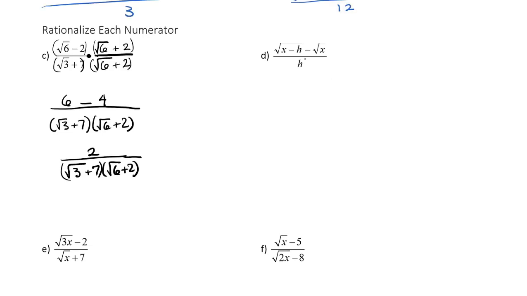Let's look at D. We have root x minus h minus root x all over h. This will come up in your next class, probably very quickly. So we have root x minus h minus root x, so our conjugate would be root x minus h plus root x. And whatever we multiply in the numerator, we also need to multiply in the denominator.